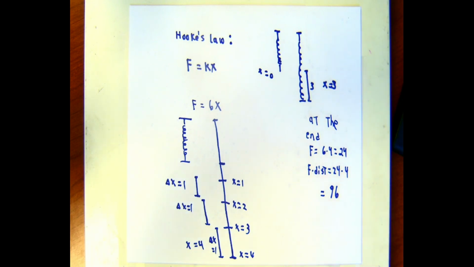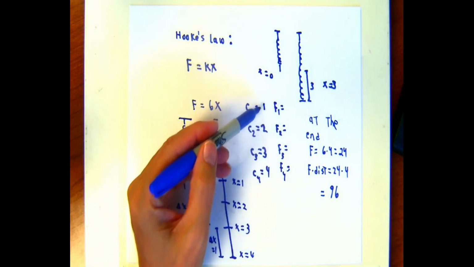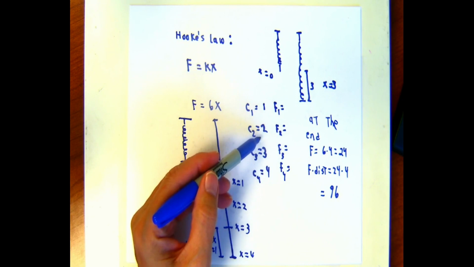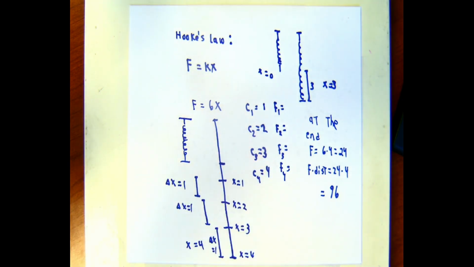I'm going to take the biggest x number within each chunk. The force needed to stretch the spring to a given position is 6 times the position number. So here I'm going to have 6 times 1, 6 times 2, 6 times 3, and 6 times 4.